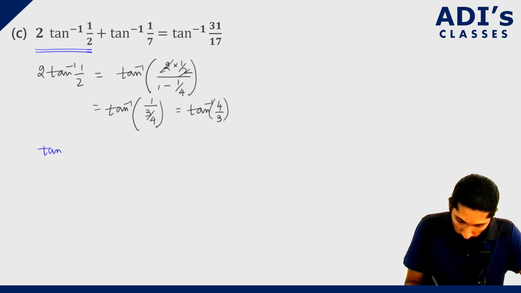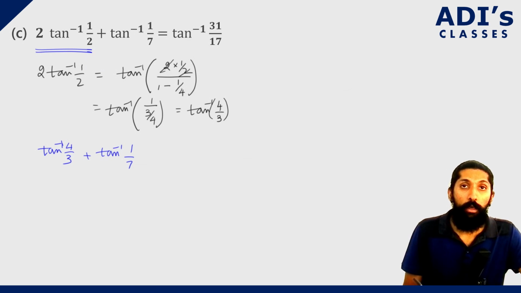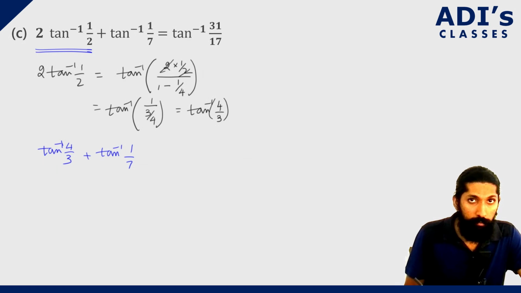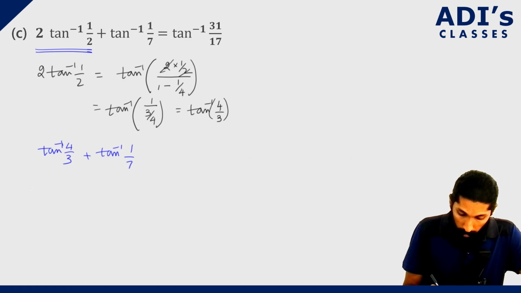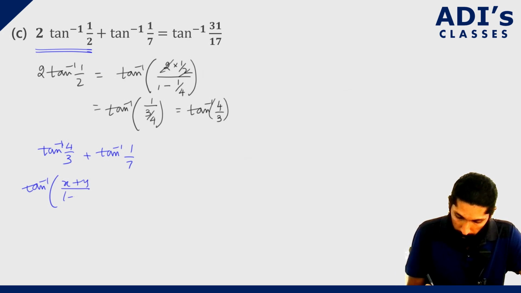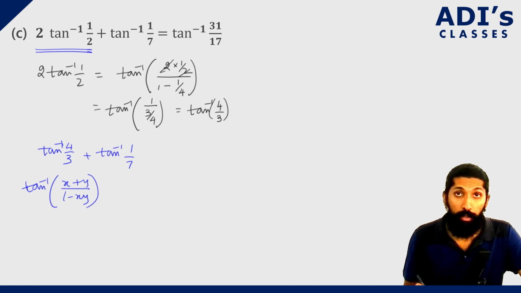So tan inverse of 4 by 3 plus tan inverse of 1 by 7. Now use tan inverse of x plus tan inverse of y, which is tan inverse of x plus y by 1 minus xy. Correct? So apply the formula.